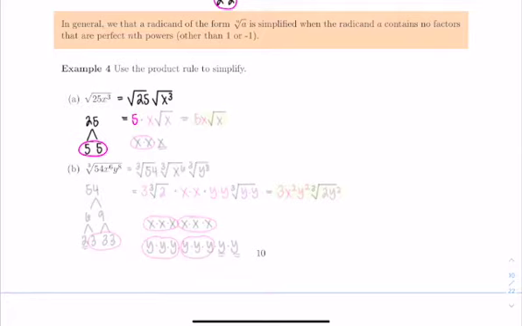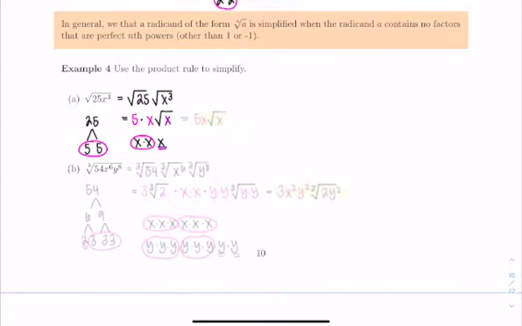But when I'm talking about x cubed, remember this just means it's x times x times x. So again, we're looking for pairs of the same thing. So I have a pair of x's right there, and I have one x left over. So one x is going to come out, and then underneath our square root, we're still going to have one x left over.